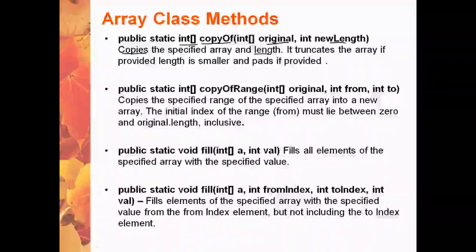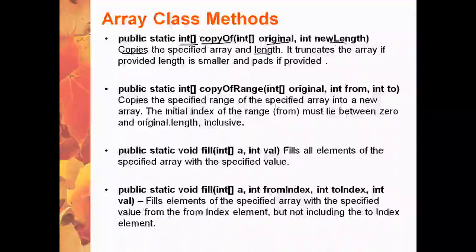For example, if I am passing an array to the copyOf function which contains 10 elements, and here I pass length as only 5, what will copyOf do? CopyOf will simply copy the first 5 elements and the next 5 elements will be truncated, because the size of the new array is only 5, it is not 10. So only the first 5 elements will be copied and the next 5 elements will be skipped.